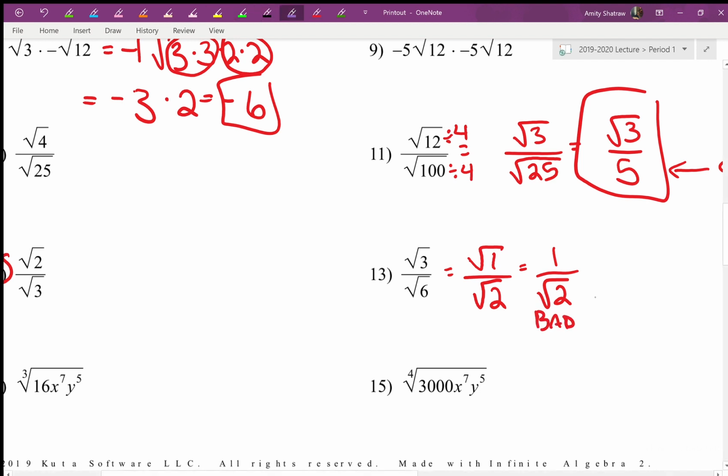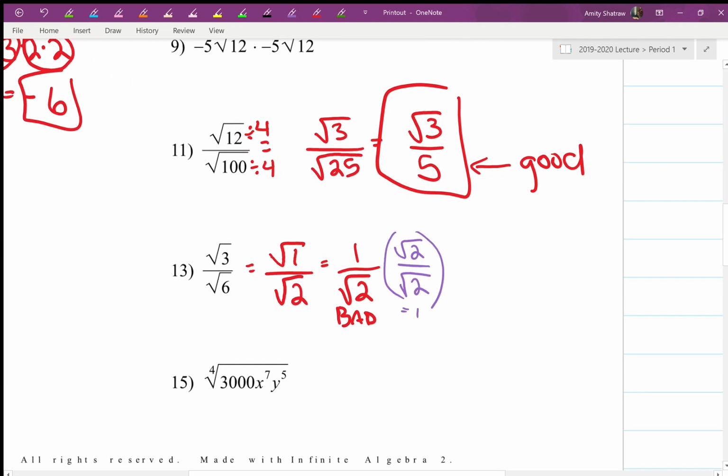I'm going to rationalize it by multiplying by something that is equivalent to 1. So I'm not actually changing the value of the fraction, I'm just making it look better. 1 times the square root of 2 is the square root of 2. 2 times the square root of 2 is the square root of 4, which is 2. And that is my final answer. Kind of an ugly looking square root, but there you go.